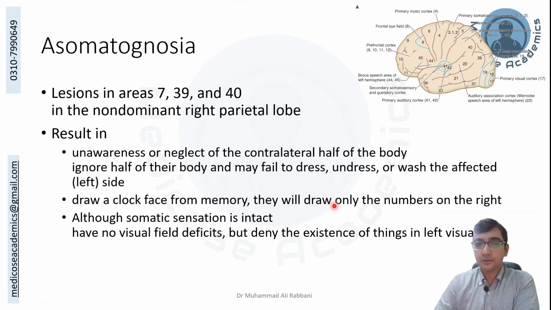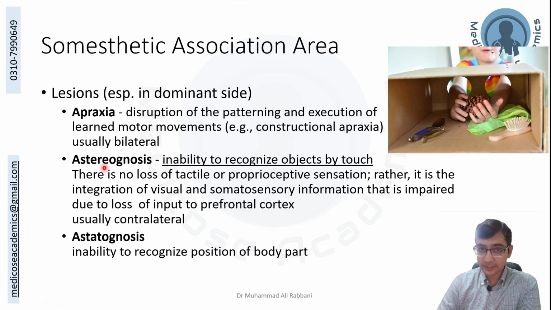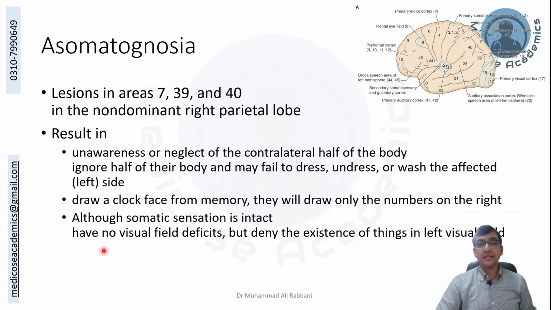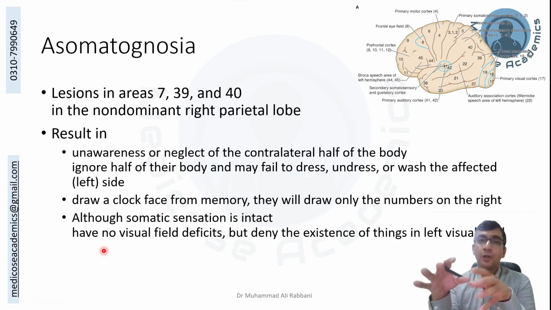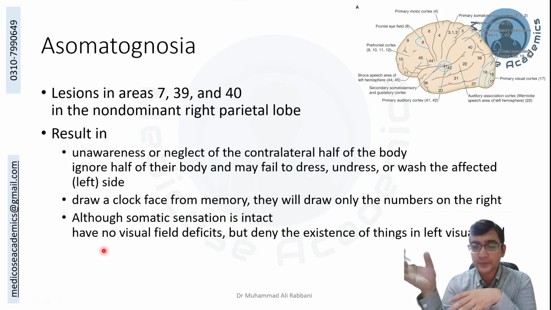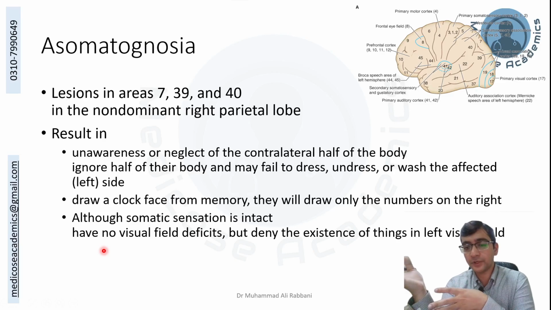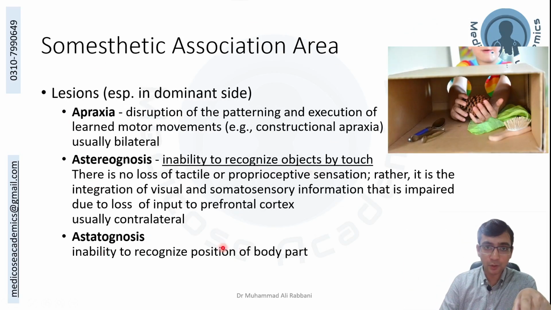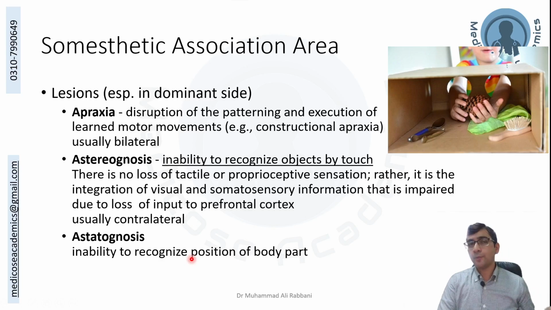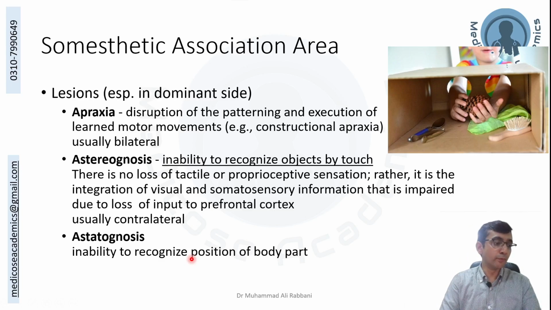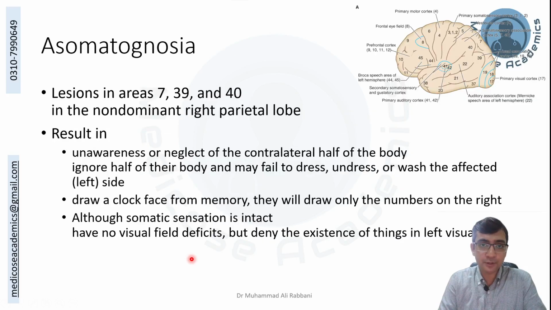Then asomatognosia, and these are very similar terms. This is asomatognosia, this was astereognosis, this was astatognosia. What is asomatognosia? If the non-dominant hemisphere is damaged, the same areas on the non-dominant hemisphere, by the way, this all holds true when the dominant hemisphere is damaged, more true when the dominant hemisphere is damaged.